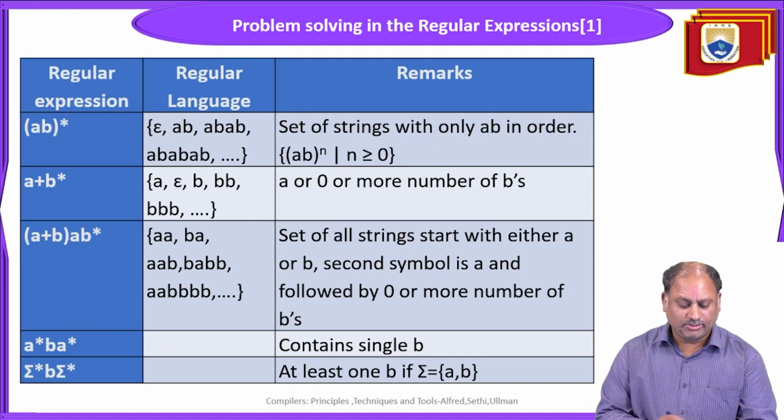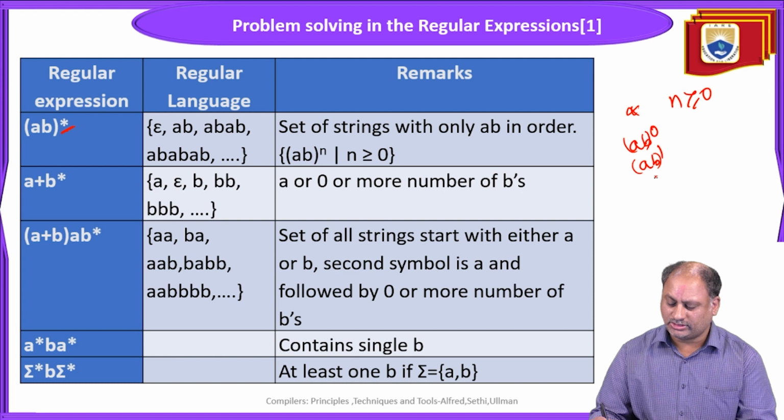And whereas (AB) star, here we know that star indicates n greater than or equal to 0. That means several occurrences of this. So n equal to 0 means AB power 0, one time, this is epsilon. AB power 1 is AB, an individual string. AB power 2, AB power 3.